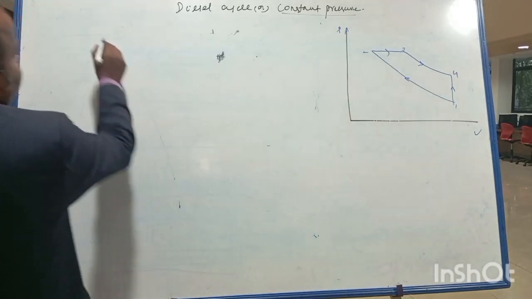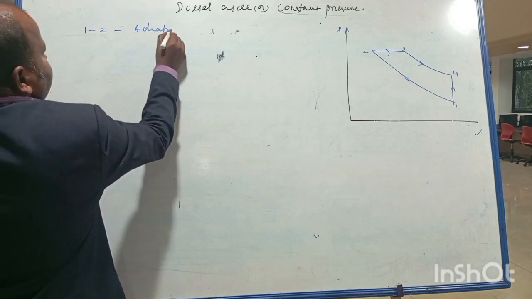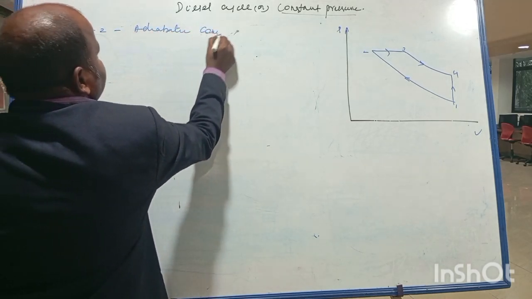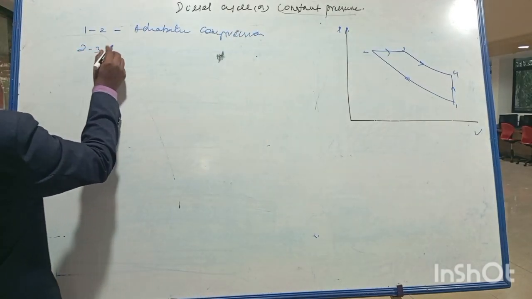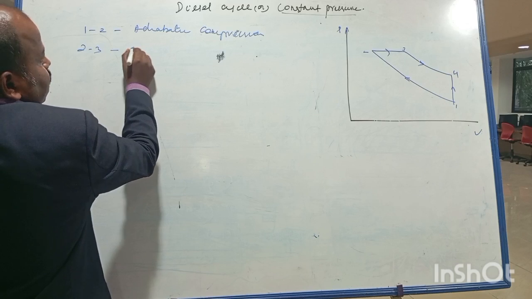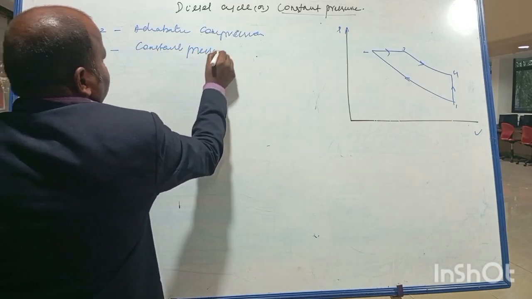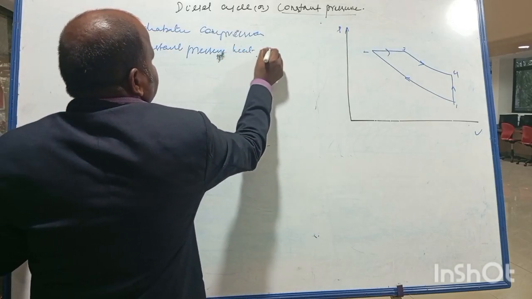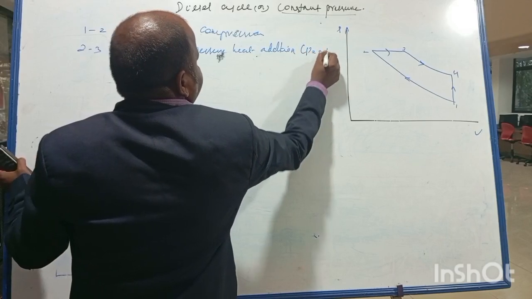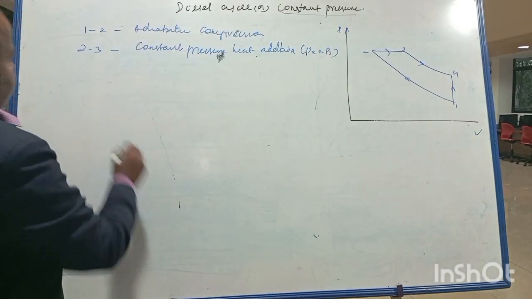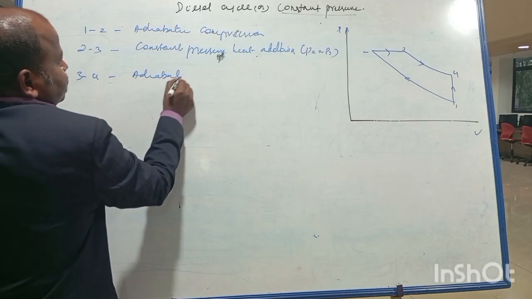I will explain. 1 to 2 is nothing but adiabatic compression. 2 to 3 is nothing but constant pressure heat addition, that is, P2 should be equal to P3. 3 to 4 is nothing but adiabatic expansion.